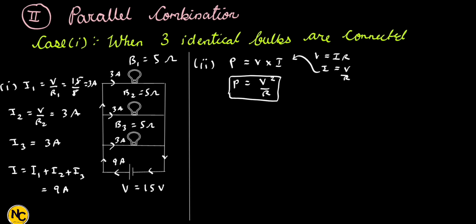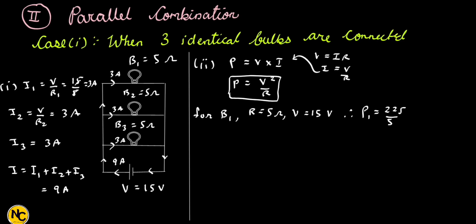So for bulb B1, resistance is equal to 5 ohm and voltage supply is equal to 15 volt. Therefore power for the first bulb is equal to 15 square, 225 upon 5.